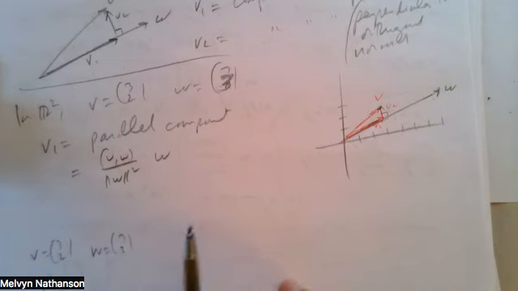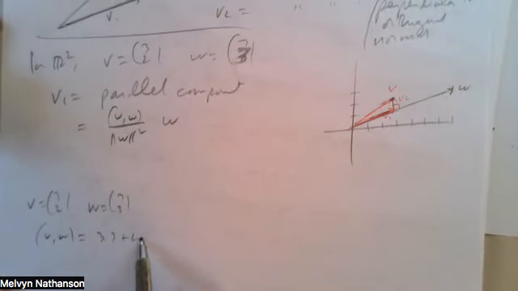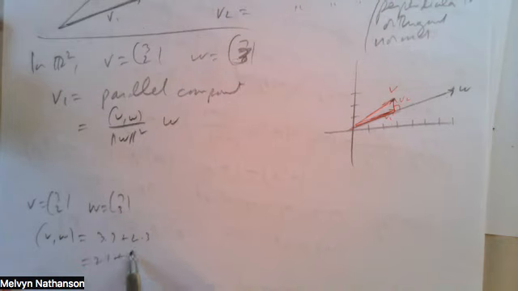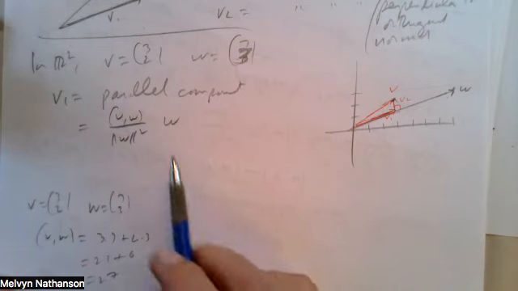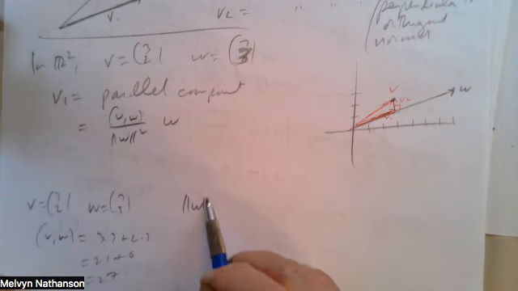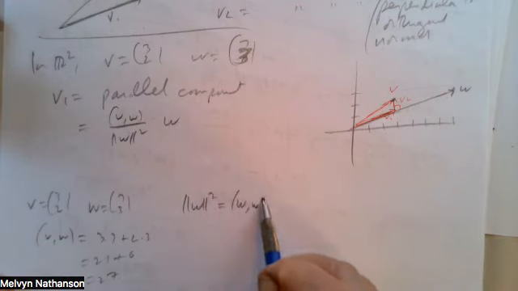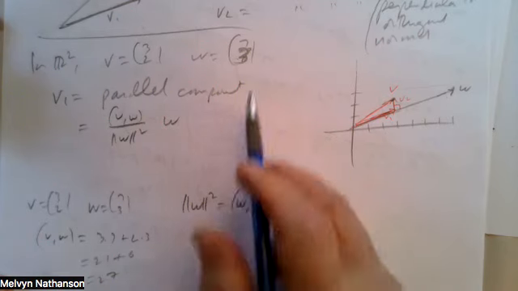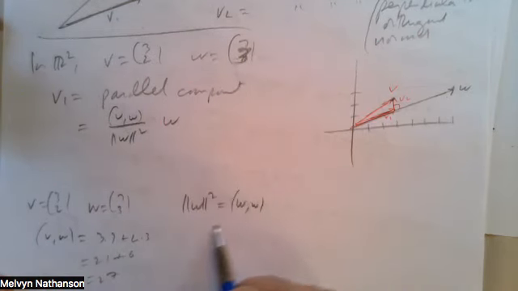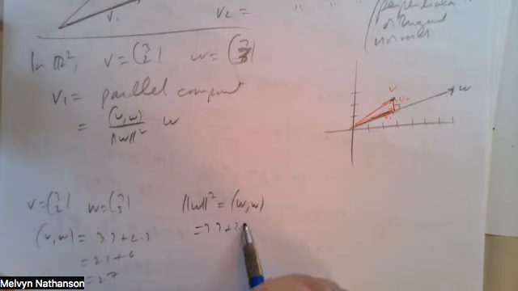W is (7, 3). The inner product of V and W is 3 times 7 plus 2 times 3. 21 plus 6 is 27. What is the length of W? The length of W squared is the inner product of W with itself. W is the vector (7, 3). This will be 7 times 7 plus 3 times 3. 49 plus 9 is 58.